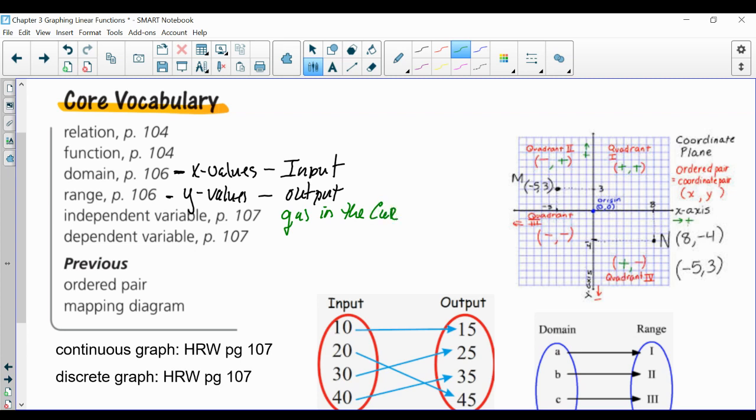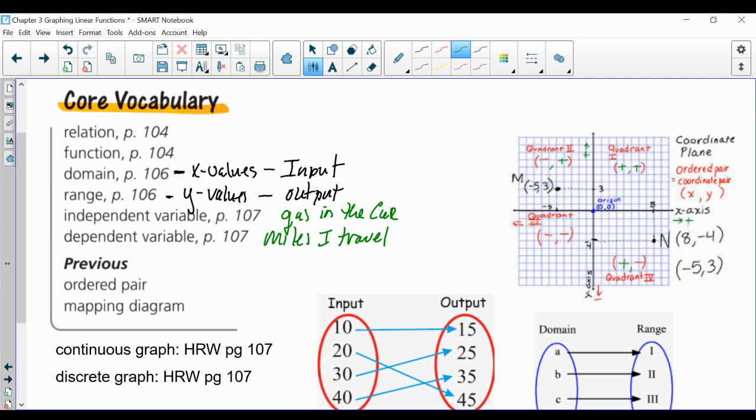My dependent variable is going to be the miles I travel in my car. How many miles I travel depends on how much gas I have in my car, because if I don't have any gas, I'm not going to travel anywhere. So those are independent and dependent variables.